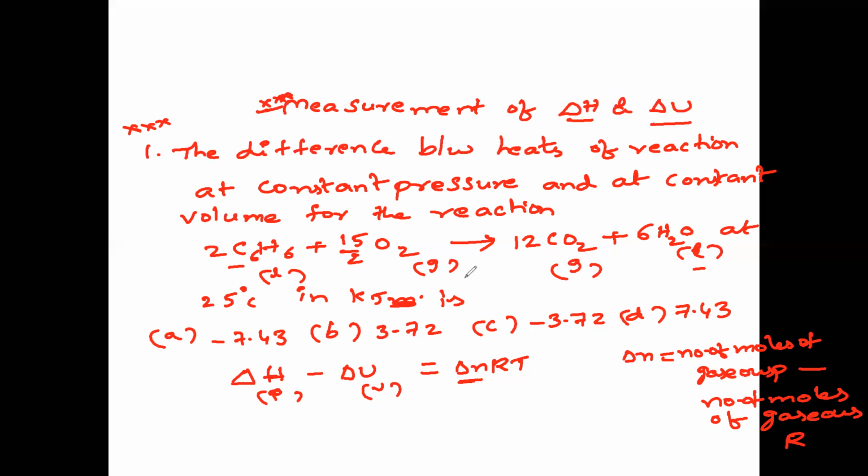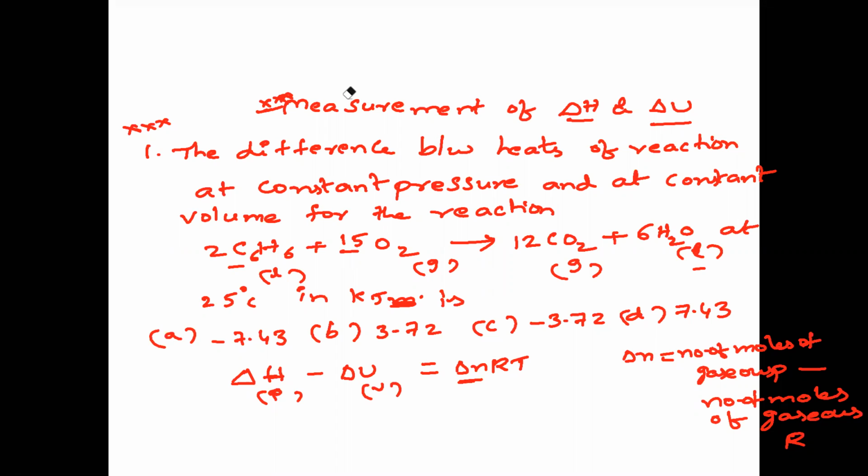So what are the products here? 12 moles. 12 minus 15 by 2, that is 7.5? Sorry, it is not 15 by 2, it is 15 moles, because balancing will not be there otherwise.